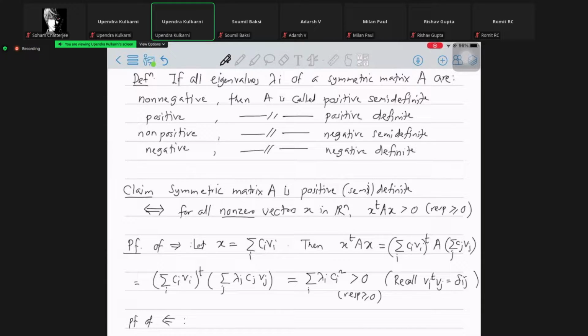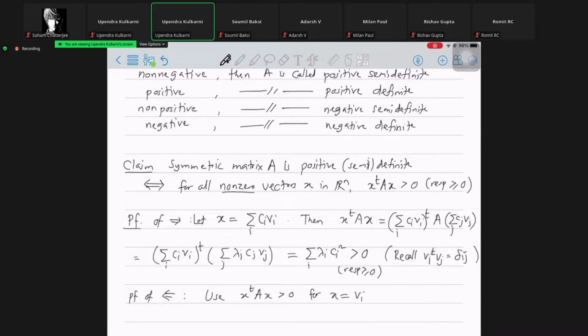So what about the reverse direction? What do I do? I'm given the property that X transpose AX is greater than 0 for all non-zero vectors. So this is easier. It's given for all non-zero vectors. So what do I do? Use the given X transpose AX greater than 0 for X equal to an eigenvector with some eigenvalue lambda.